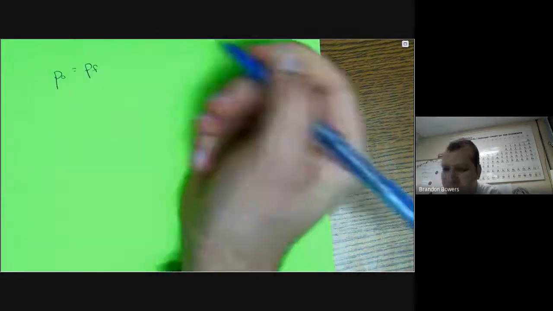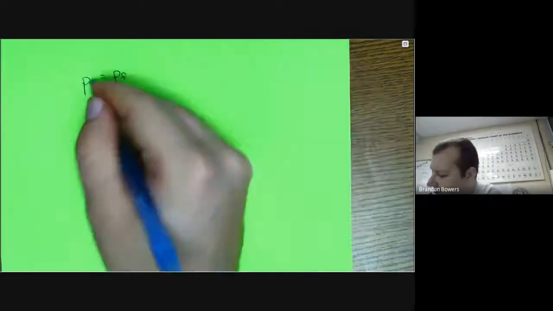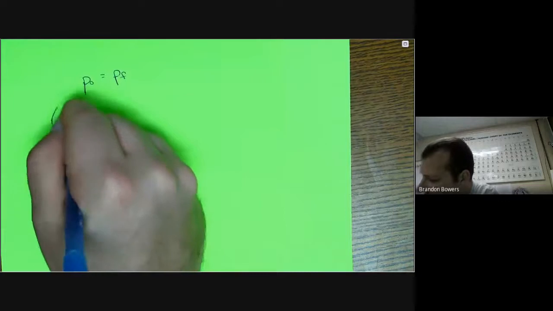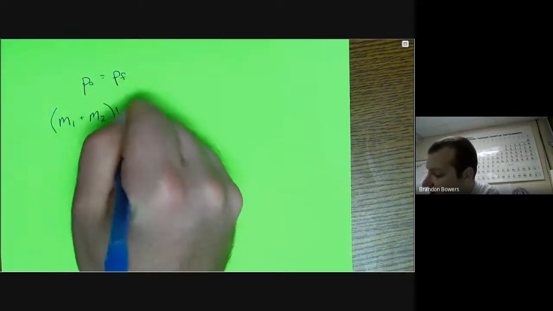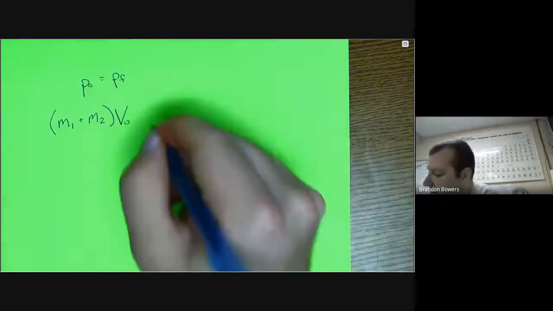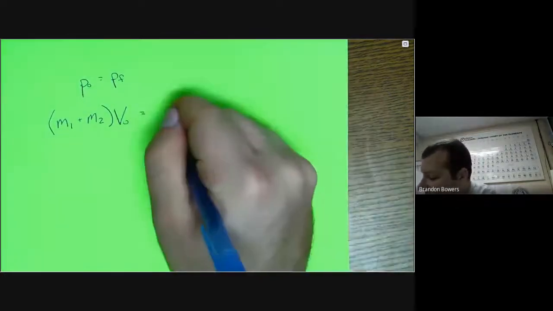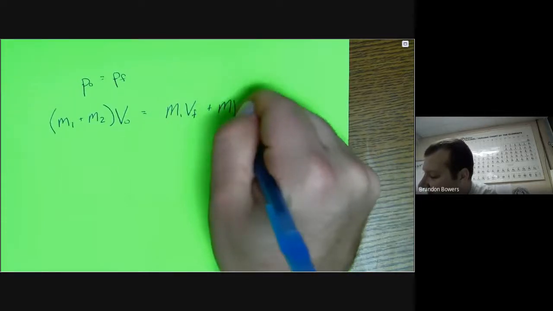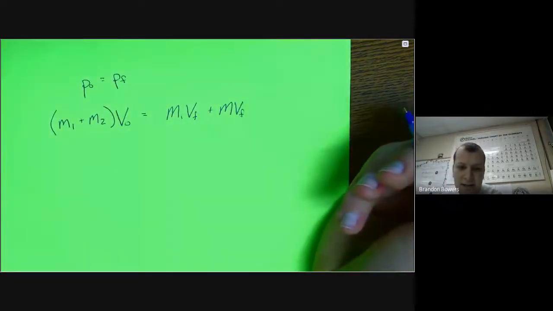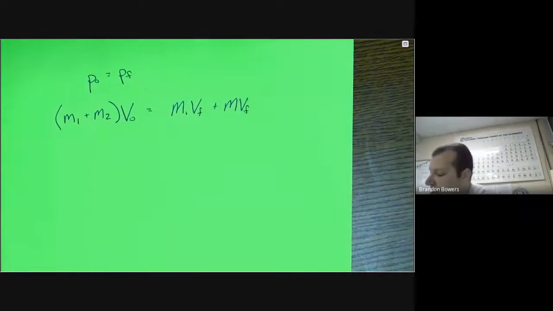I'm sorry. Momentum initial, momentum final, right? Where my momentum initial is mass of object 1, mass of object 2, times the initial velocity. Where when something explodes, well, it separates into different pieces, right? Separates into different pieces.